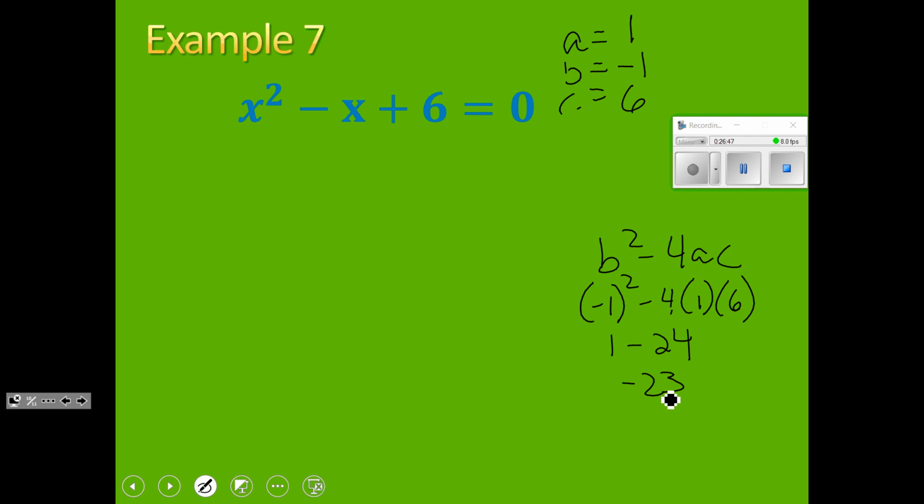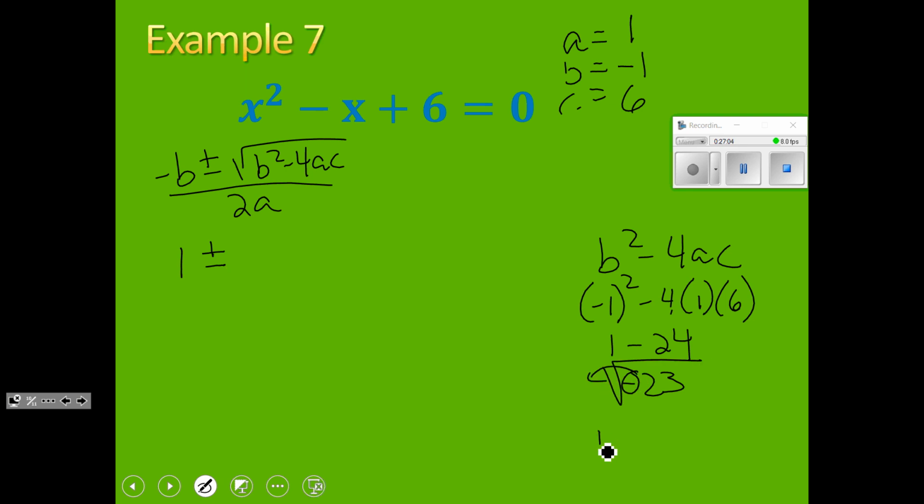So negative b plus or minus the square root of b squared minus 4ac all over 2a. So the opposite of b would be 1 plus or minus, and if you want to, you can go ahead and simplify it while it's over here, so that way you don't have to do it twice. So this is going to be i times the square root of 23. And again, if 23 could factor tree down, you would want to do that. So we will encounter those types of problems. And 2 times 1 is just 2.